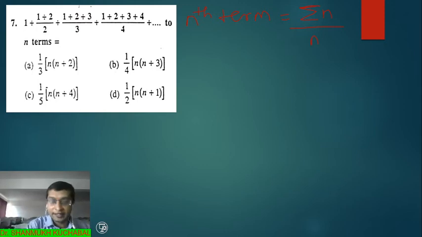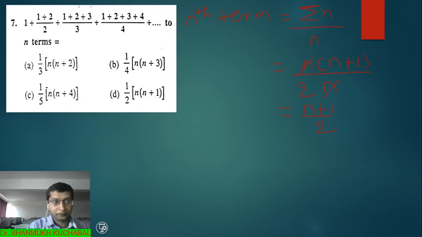So further, summation n means we know the formula, n into n plus 1 divided by 2, and this denominator n I write as it is. So further, numerator n and denominator n get cancelled, we get n plus 1 divided by 2.